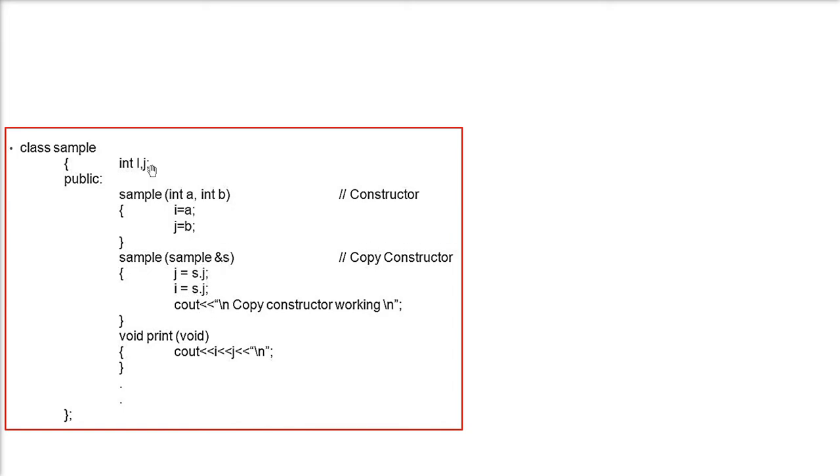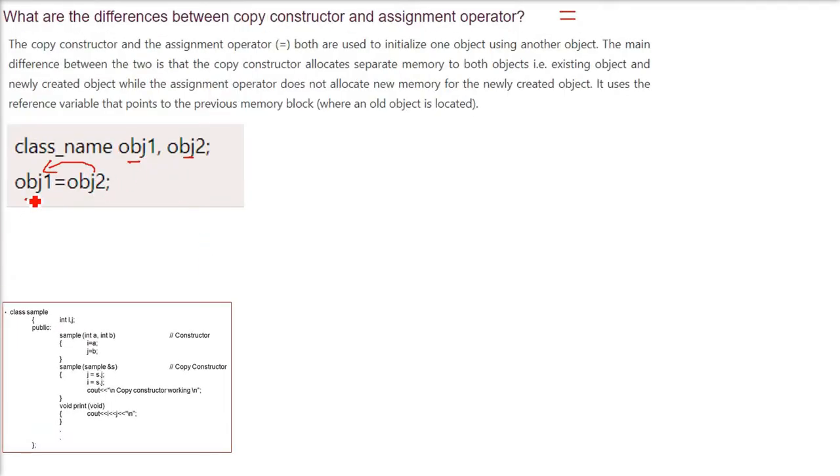So you are passing the reference, that is S, inside Sample. So you are copying; this is a copy constructor. Actually what you are doing is taking the content of the above constructor and putting it inside some other constructor. That is, whatever you got in i and j, now you are putting this s.i and s.j into this i and j. So you are copying. This is the copy constructor working. I'll tell you the other way also how it is done. This is the actual way how it is seen.